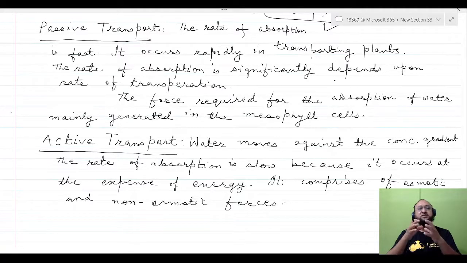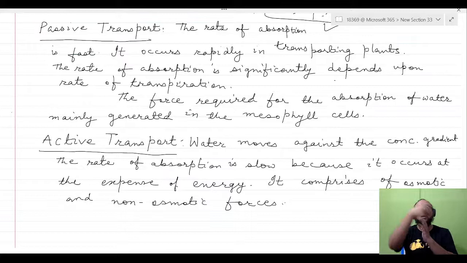So this process is osmosis, and there is the osmotic pressure or osmotic force. When a liquid is separated by a semi-permeable membrane, and solid molecules are dissolved on one side while the other side has no solid molecules, the molecules will tend to move to the side where there is less concentration.